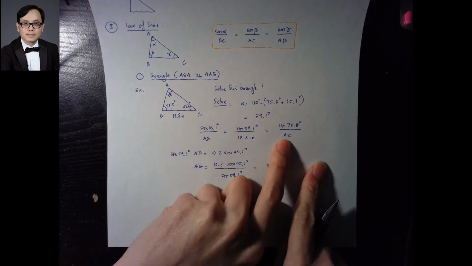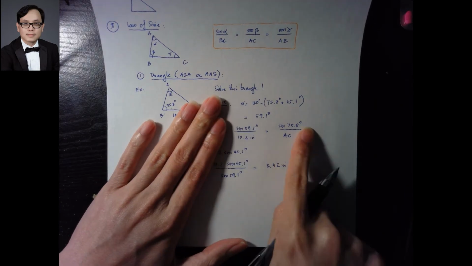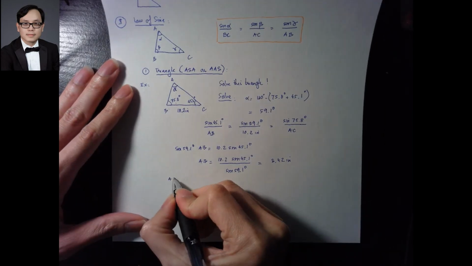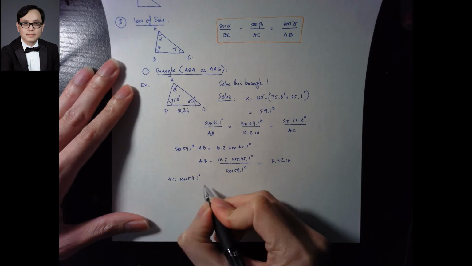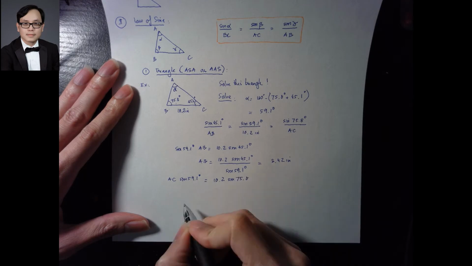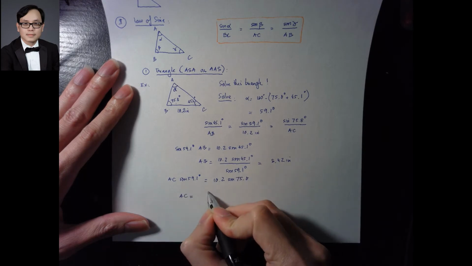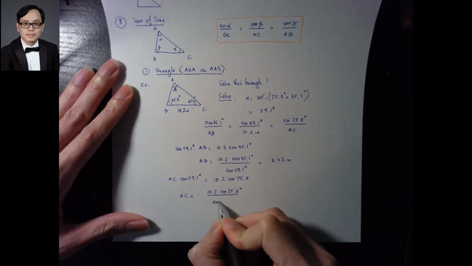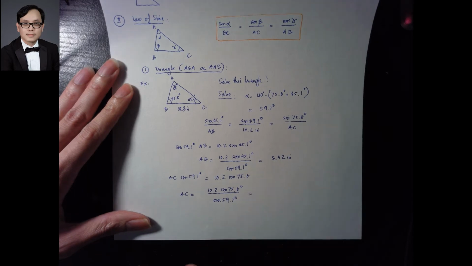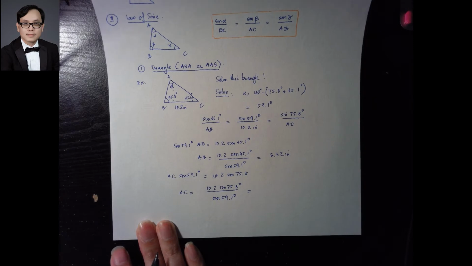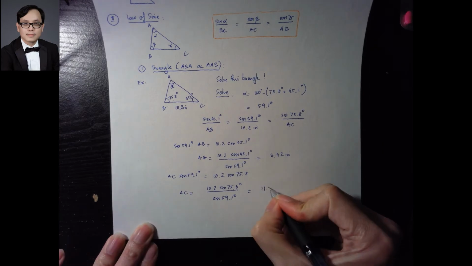Now I do the same for AC. I cover this part, then I have the proportion, and I cross multiply. So I have AC times sine of 59.1 equal to 10.2 times sine of 75.8. Then AC equals 10.2 sine of 75.8 degrees over sine of 59.1 degrees. From there I put it into the calculator, and I got AC as 11.5 inches.